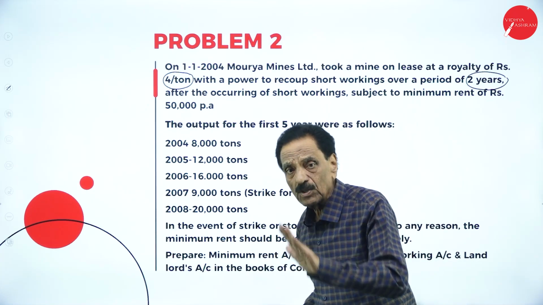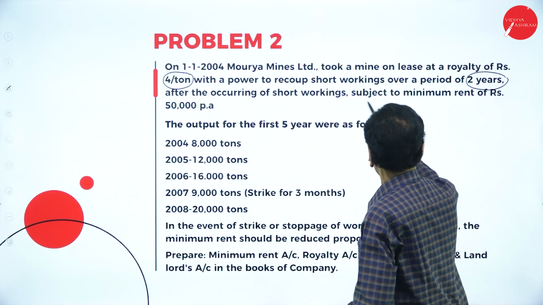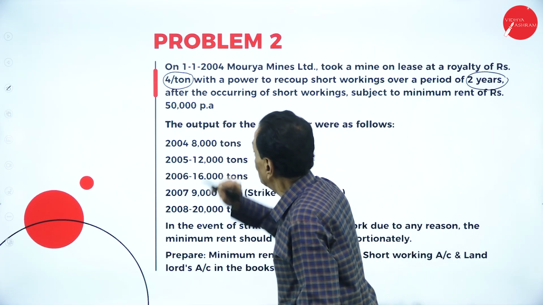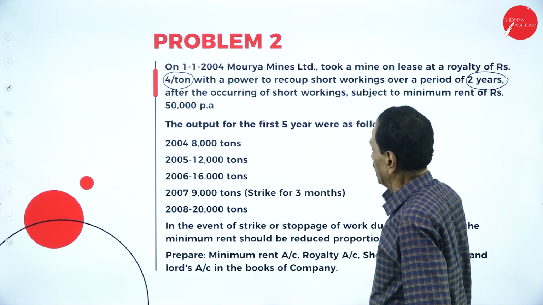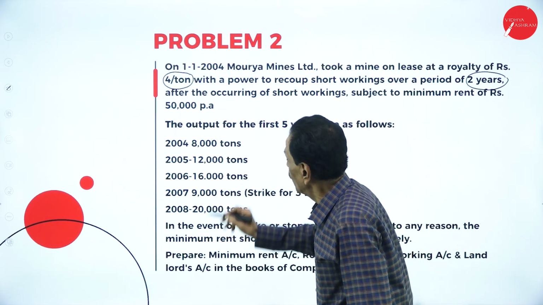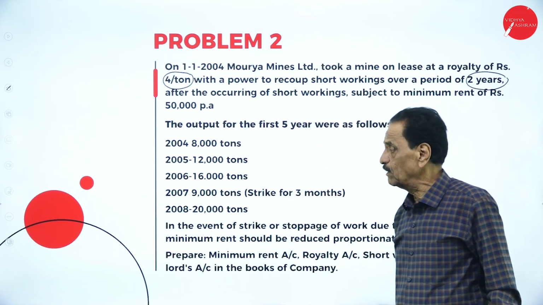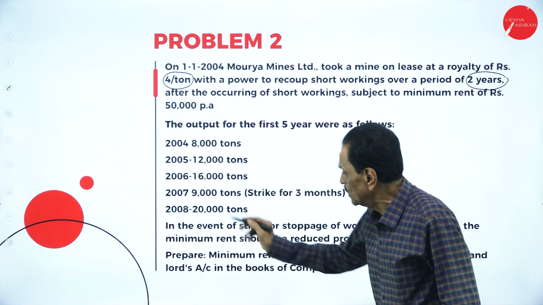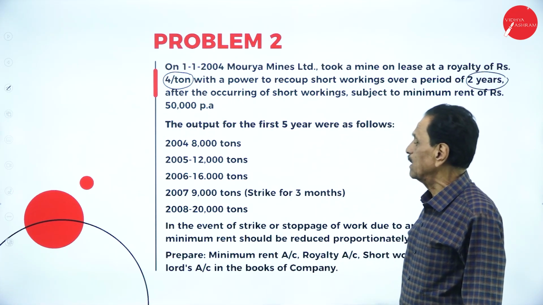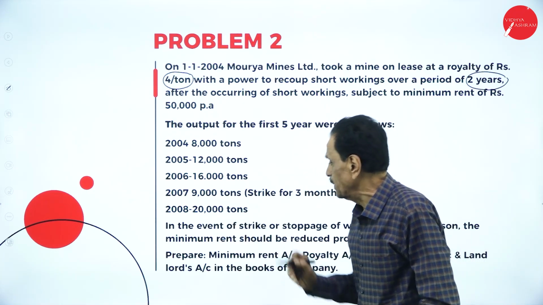So, if the short working occurs this year, they have to recover it in the next 2 years, subject to a minimum rent of 50,000 per annum. The output for the first 5 years: 2004, 8,000 tons; 2005, 12,000 tons; 2006, 16,000 tons; 2007, 9,000 tons, strike for 3 months; 2008, 20,000.